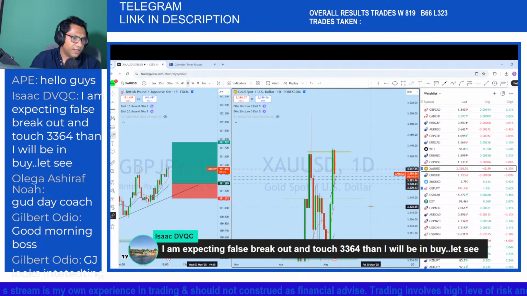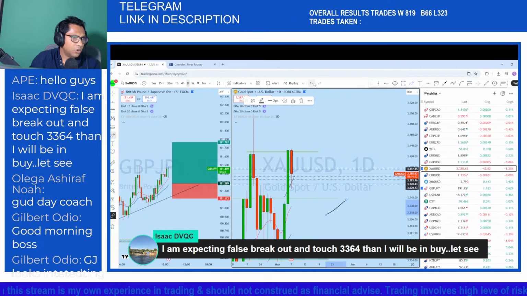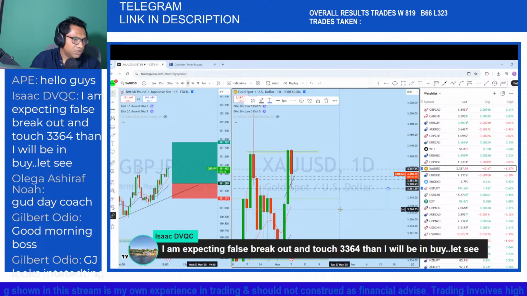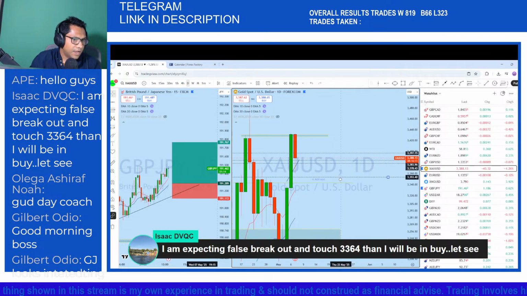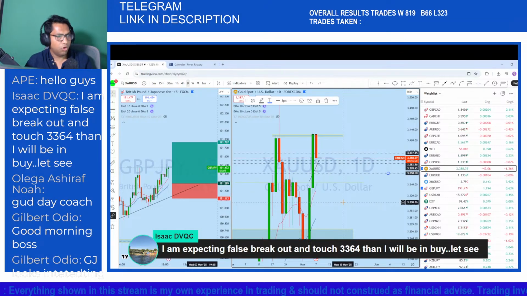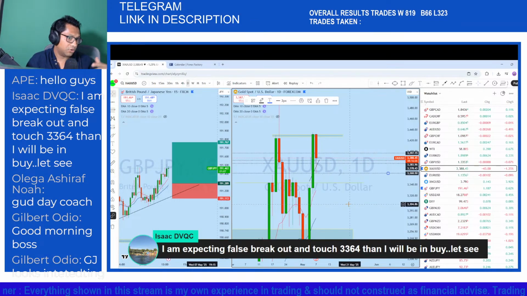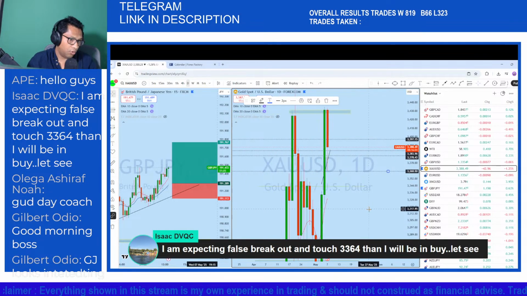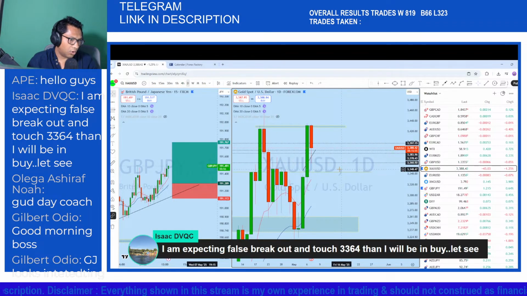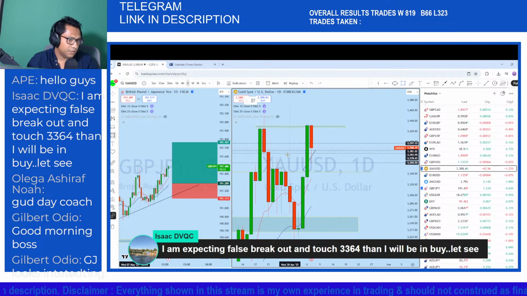Looking at the daily, today's low is here. We saw the market has come to that low so far. We saw 3361. If it breaks below, it may go to 3360, even lower than that. That's a big opportunity, because the order block is here from the daily.